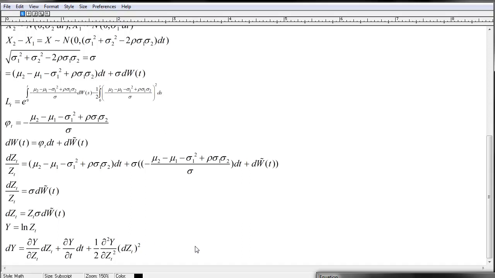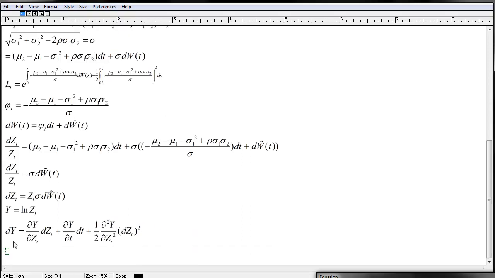Okay, so now I'm going to tackle this equation. So this equals, and let's first focus on the first one. So the differential of y with respect to Z is 1 divided by Z(t), times the differential, and it's actually this. So the first term is this.